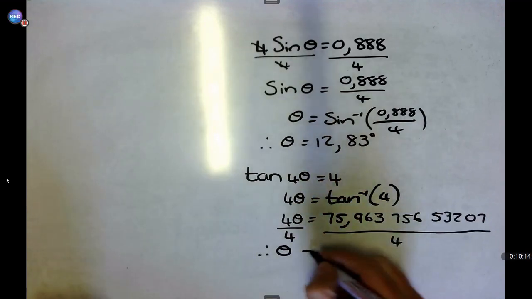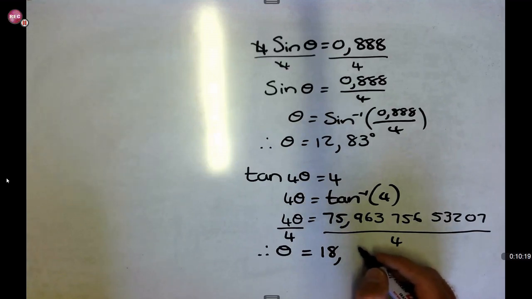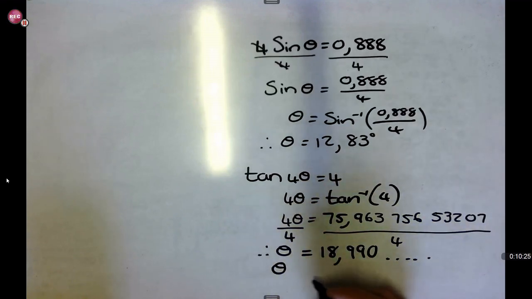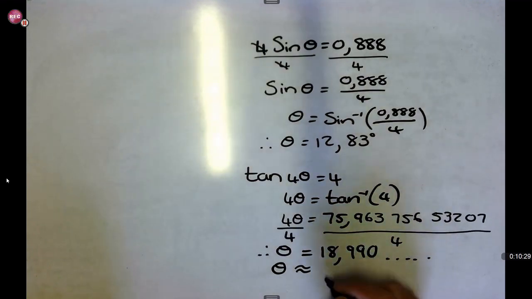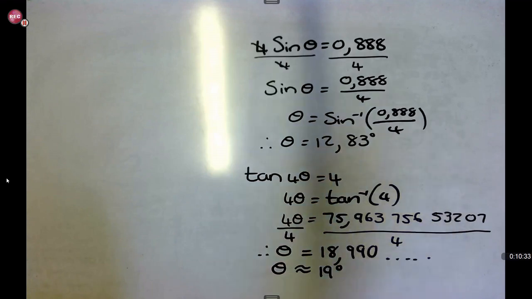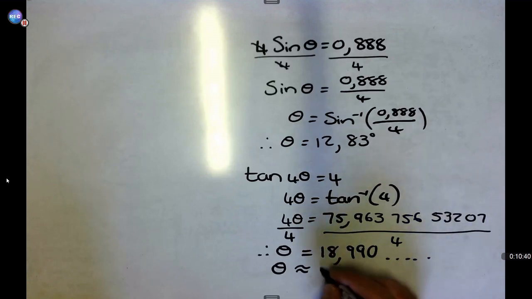And that would give you a total answer of 18,990, and it carries on. So if I have to go and round this off, it would become 19 degrees. Obviously, rounding it up, not 19 degrees, sorry guys. Because your third decimal is 0, it will become 18,99 degrees.